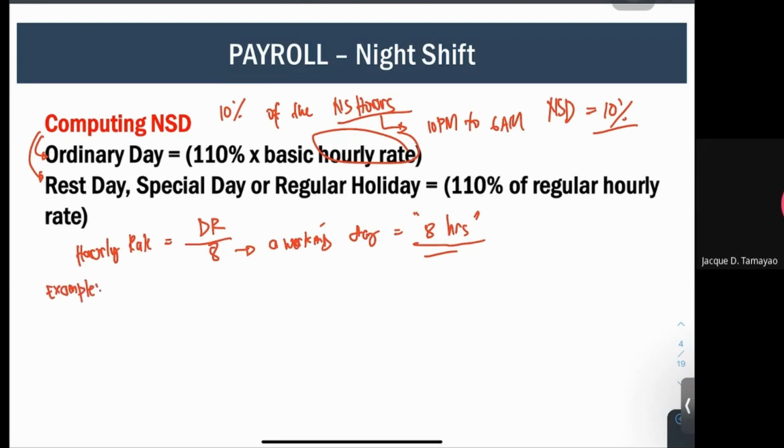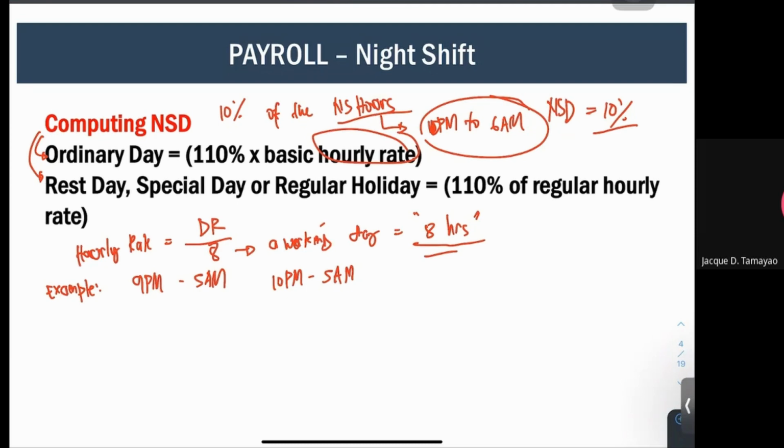So let's say you work from, by the way, the night shift hours is 10 p.m. to 6 a.m. Okay, let's say, for example, we work from 9 p.m. to 5 a.m. You compute for the night shift hours, which falls within 10 p.m. to 6 a.m. So in short, from 10 p.m. to 5 a.m., that is your night shift hours.